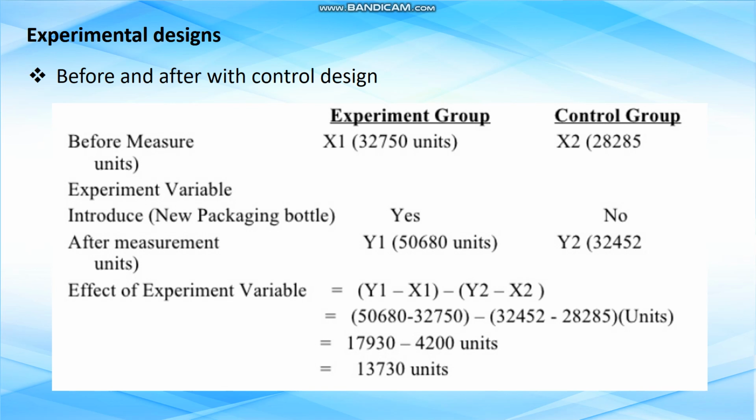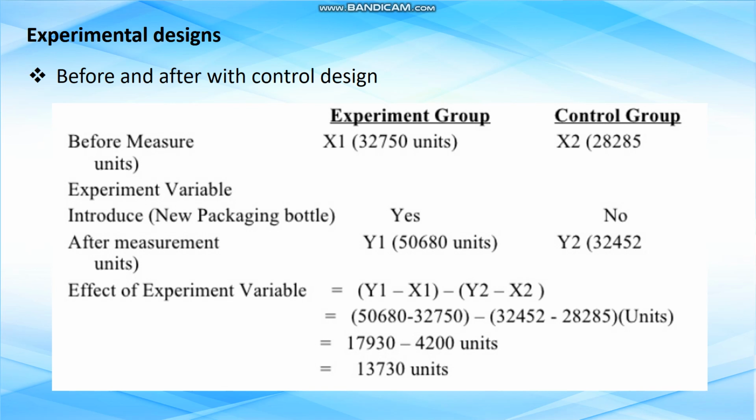Let's come back to have a look at the formula again. Please bear in mind you have two groups, experiment group and control group. In the experiment group, you measure X1 and then Y1, and you introduce the new packaging bottle.